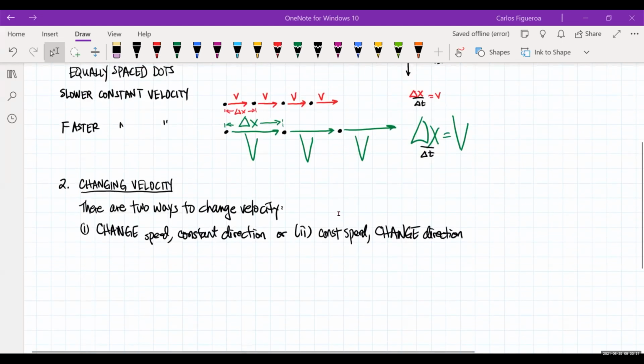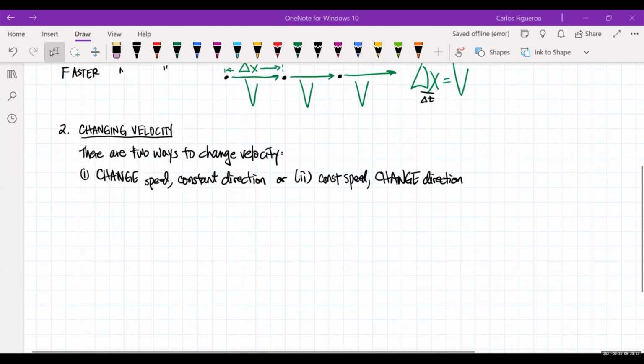Next, what we did here is that we started to touch on constant velocity, changing velocity. When I have change in velocity, there are two ways to change velocity.